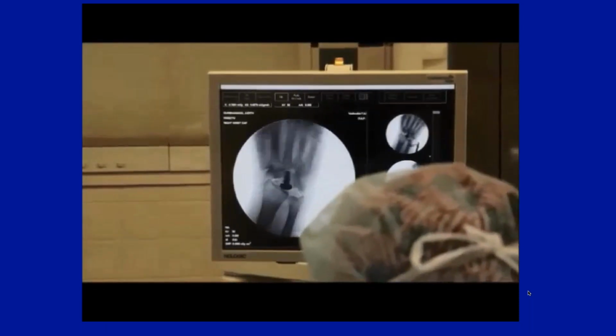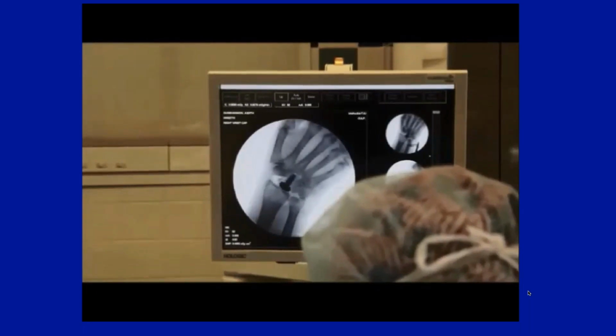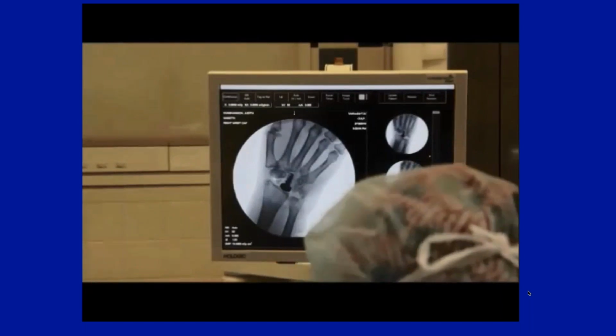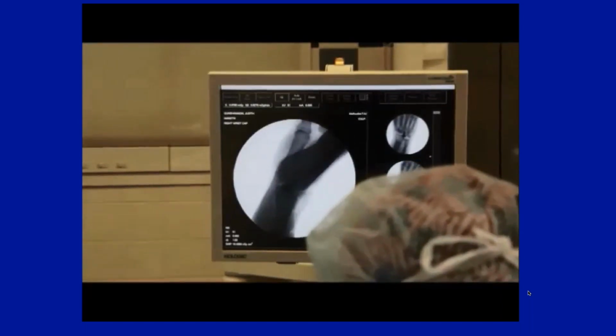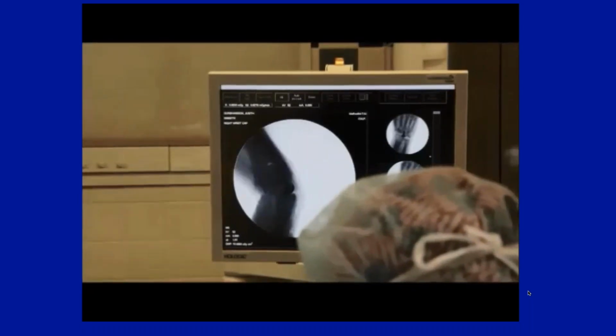It's a very simple procedure to perform. And this is what it looks like on fluoroscopy. It's very stable in all planes. Next slide.